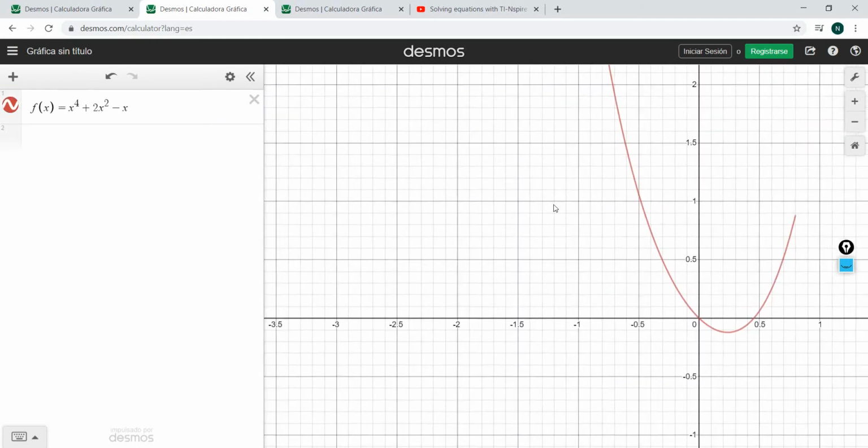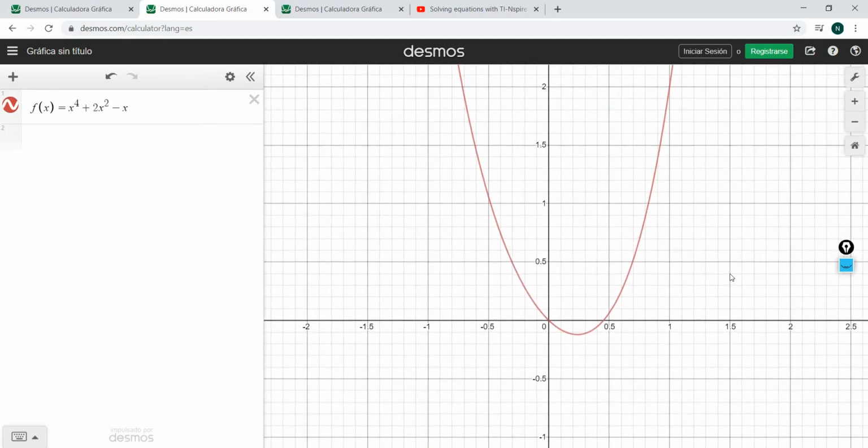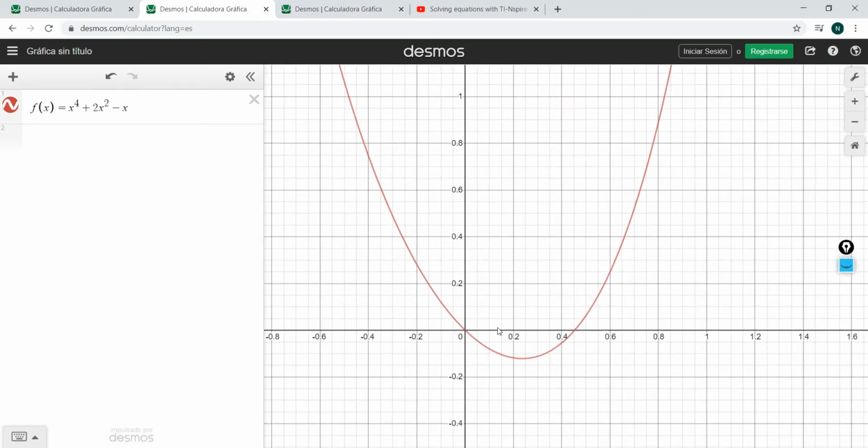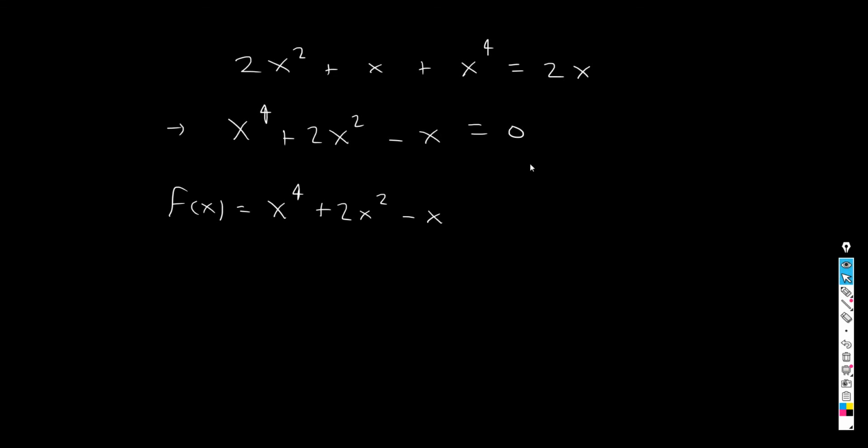In this case, they are very close to the x-axis, so we have to zoom in. And the zeros are 0 and 0.4534. Okay, so these two numbers, 0 and 0.4534, are the roots of this function, and therefore by default they are going to be the solutions to my original equation, which is this.